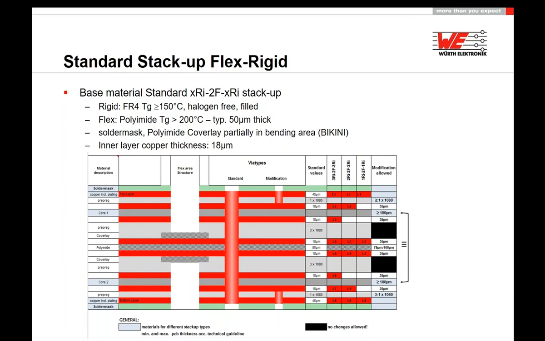So this is 18 micron copper on the inner layers. This is the standard. Of course, it's also possible to have 35 micron inside, but this is not the standard.